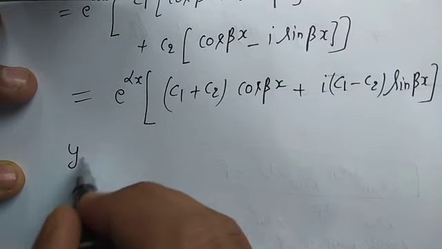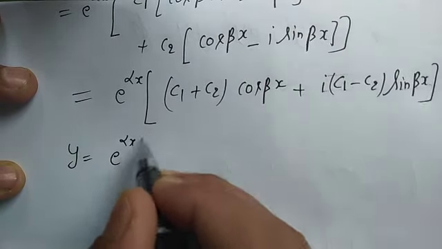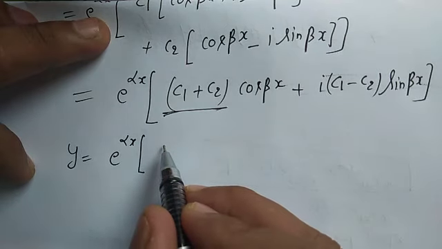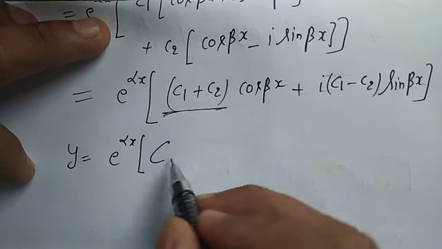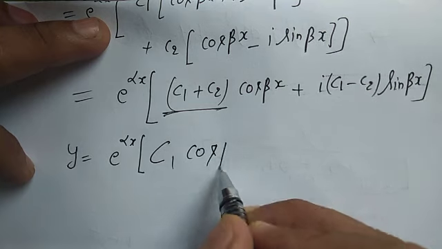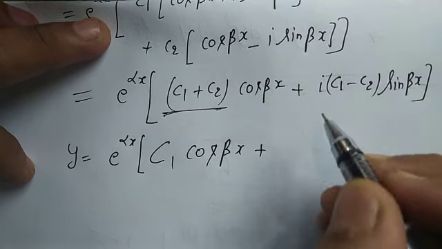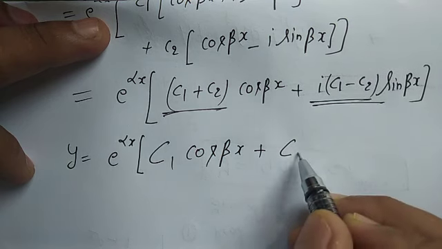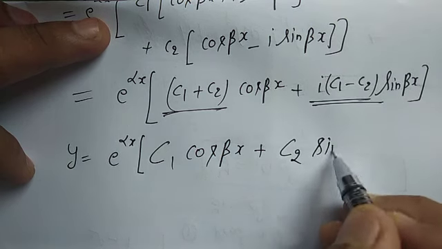Then y equals e power alpha x into C1 cos beta x plus, let us have another constant, C2 sin beta x.